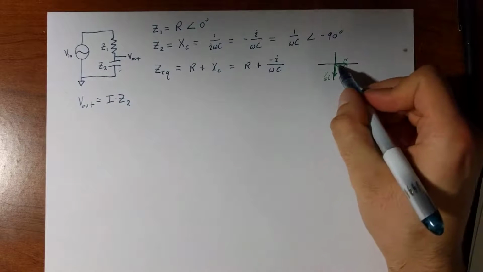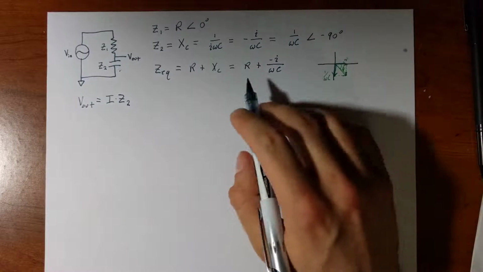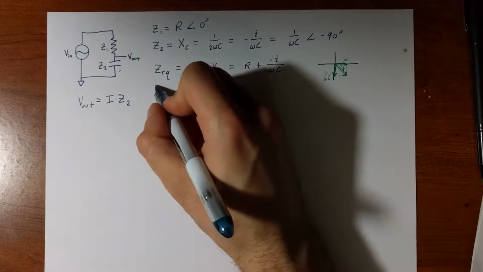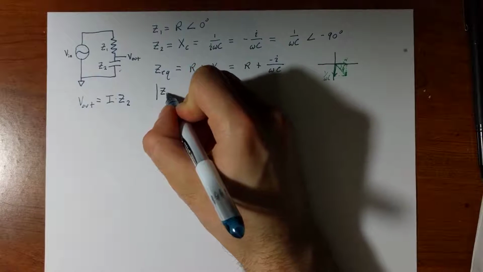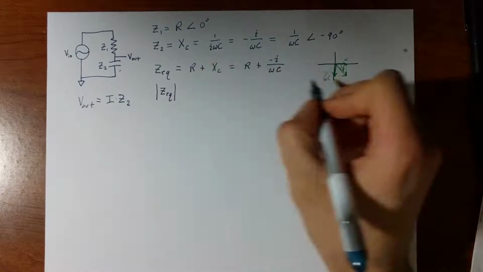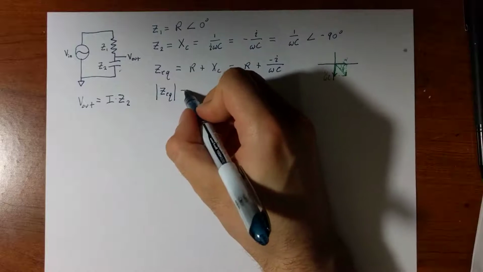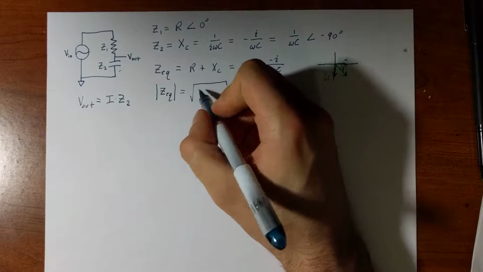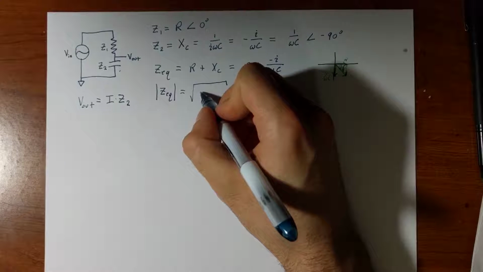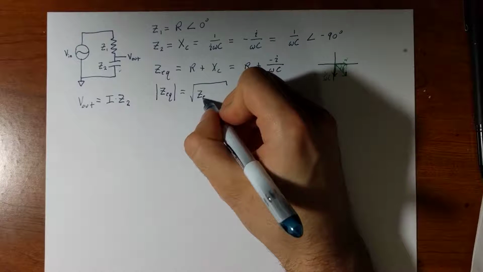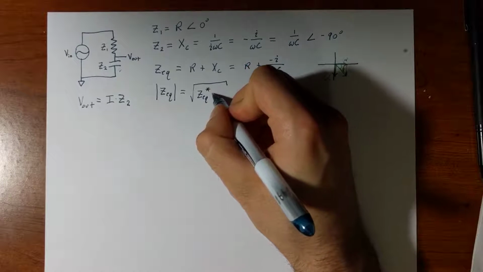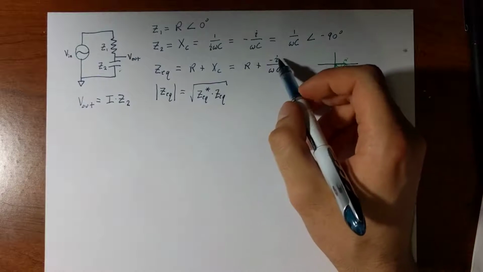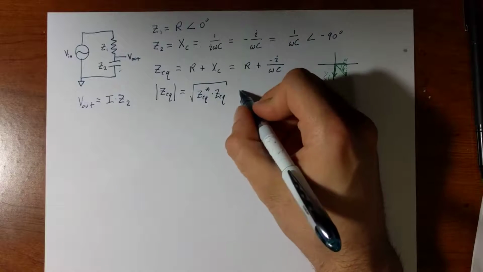So, if I want to find the length of that, I do the Pythagorean theorem. Now, when I am finding the magnitude of the equivalent, the length of that arrow, when I'm doing complex numbers, I'm actually going to be doing the square root of z equivalent star times z equivalent, where star is the complex conjugate, which just means we replace i with negative i.